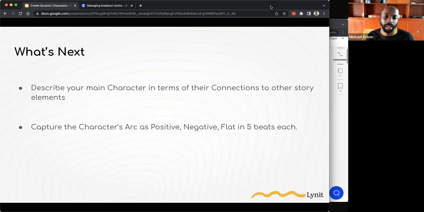And then the last piece, I really found for just practice, is to take a character from a work in progress or from a story, and summarize their development in 5 beats, right, of how they develop, but then try testing it out, rewriting as positive, negative, and flat, right, to test how you can just manipulate these beats to switch around the development type.